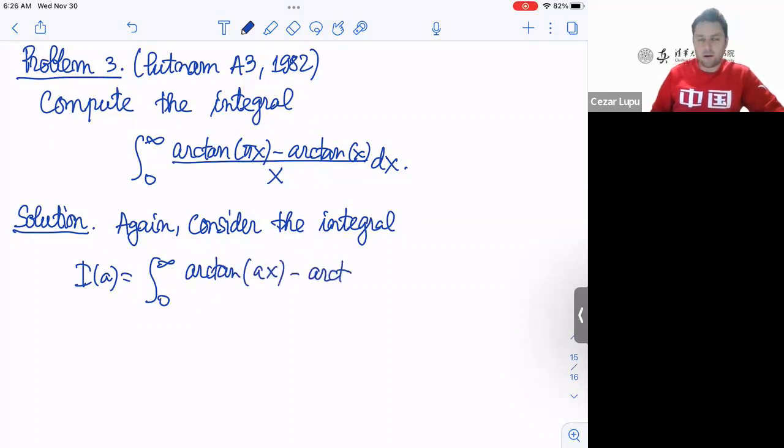But first, before we go into that, let me point out that it is clear that for a equals 1, I of 1 is basically 0.